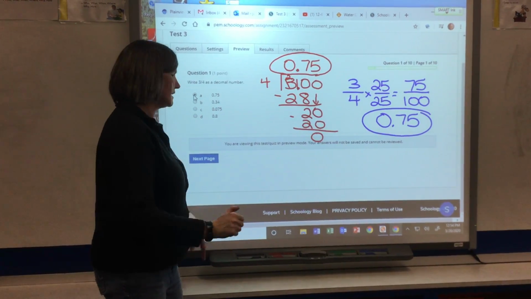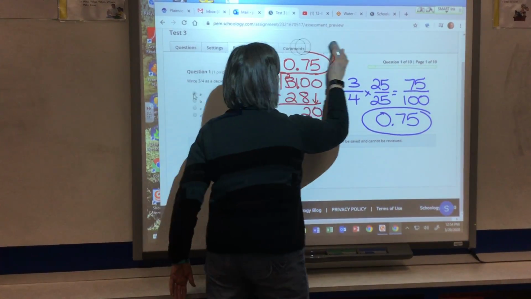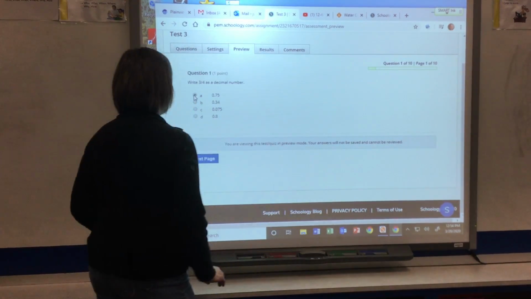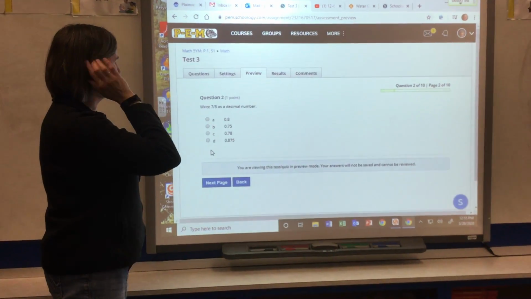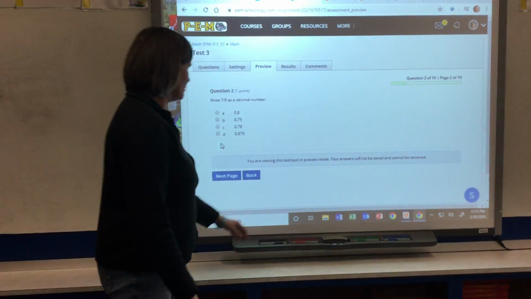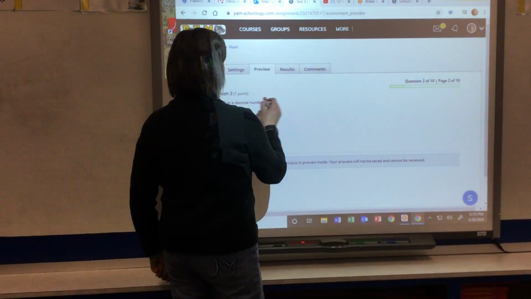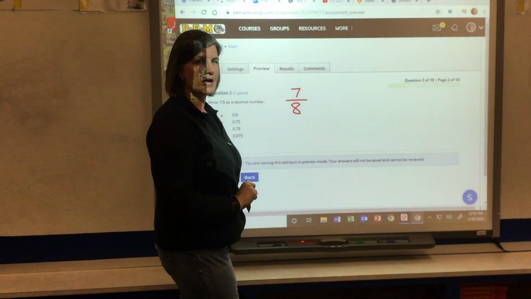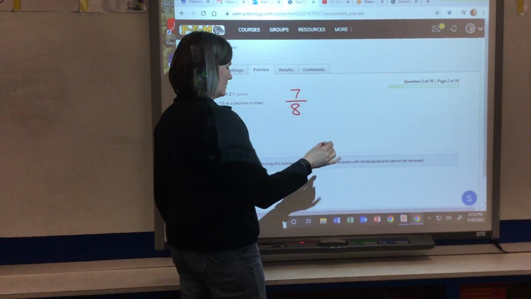Like we said, often there is more than one way to solve a math problem. Question number 2: write 7/8 as a decimal number. When I do this one, I know I can take the fraction 7/8 and take my top number and divide it by my bottom number. That's how I'm going to do this problem.